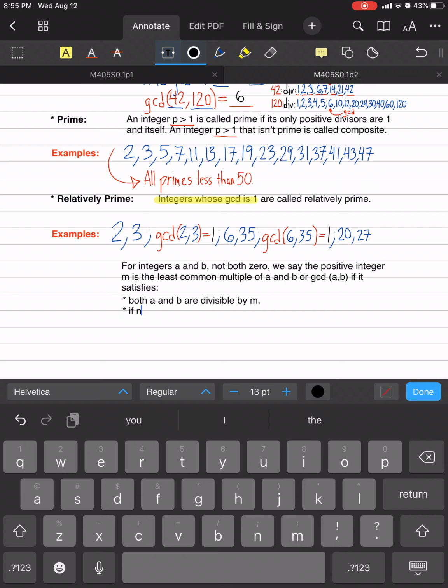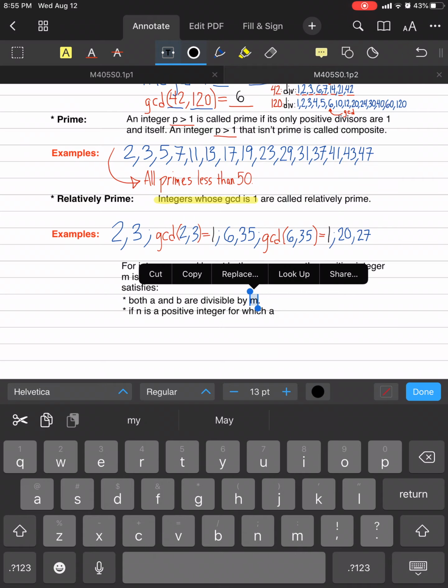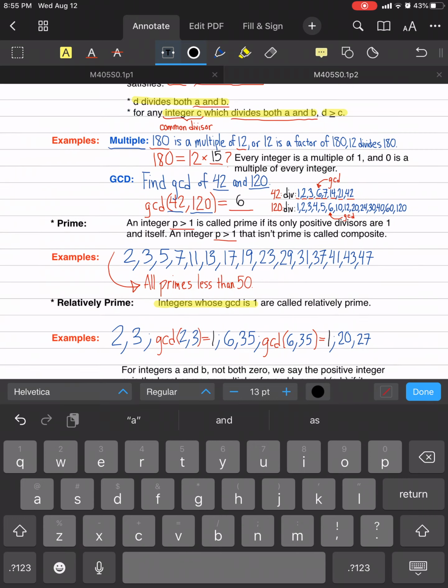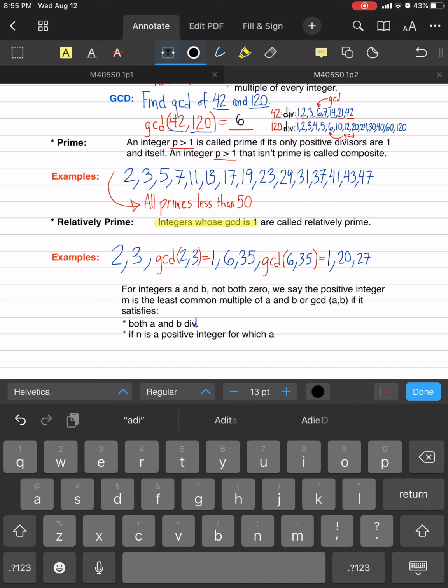So if N is a positive integer for which A and B divide N, then that means N is a common multiple.